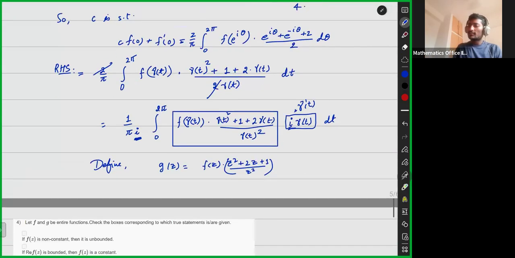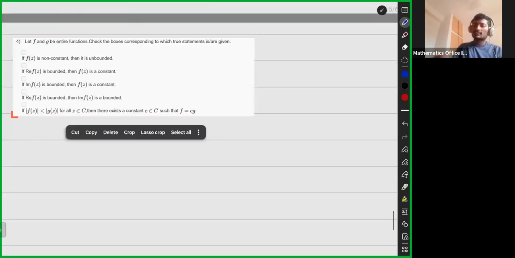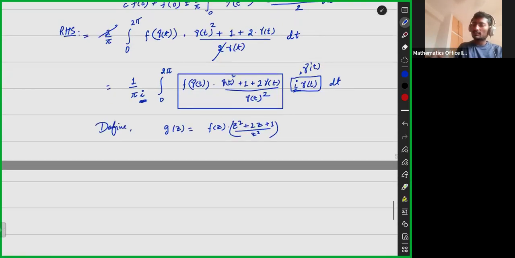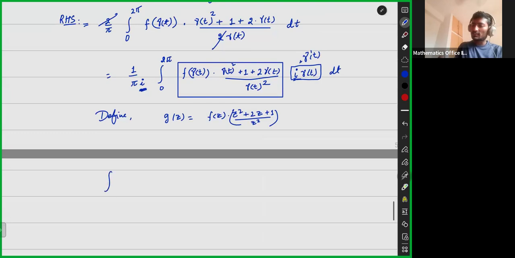What I'm telling you is this. The integral over gamma of g(z) dz, if you want to calculate, will be exactly the integral from 0 to 2 pi of g of gamma t into gamma prime t dt, which is equal to this star.